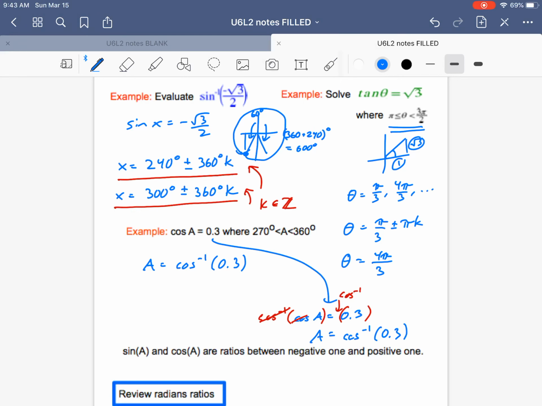Now, this is going to give only one answer, okay? And you have to be sure that your angle is between 270 and 360, so you have to follow the processes before. So I'm not going to fill this in the video because I don't have access to a calculator, but I'll put it in the filled notes so you have the answer there.